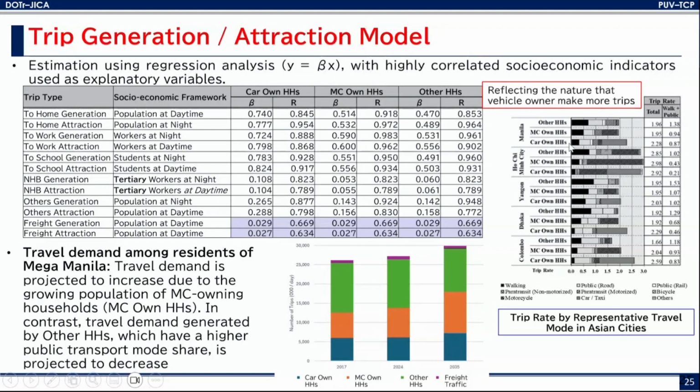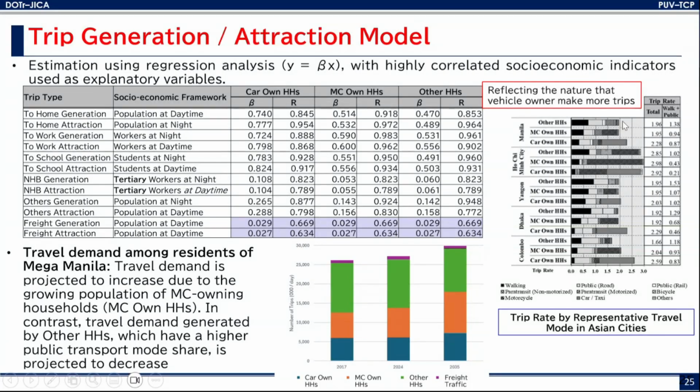And this result suggests that in Metro Manila, so-called extensive or active public transport service industries support the citizens who don't have private cars and motorcycles.